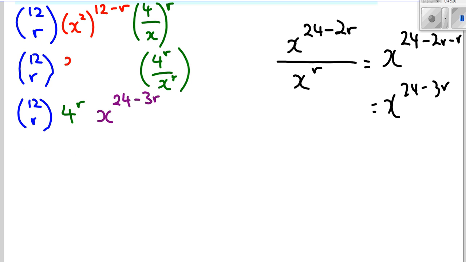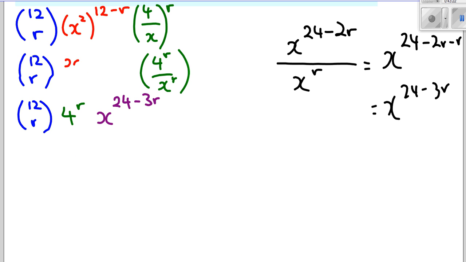Good. So nothing happens to 4 to the r, even though it's still being divided by x to the r. Because it's only minus 3r because it has the same base, x. Does the x to the r just disappear?